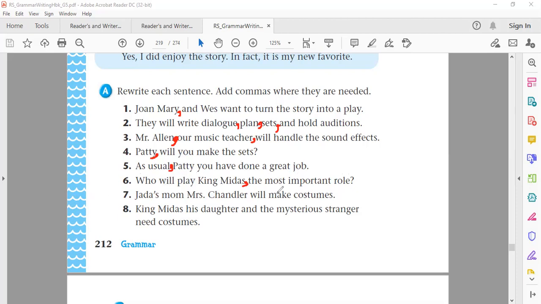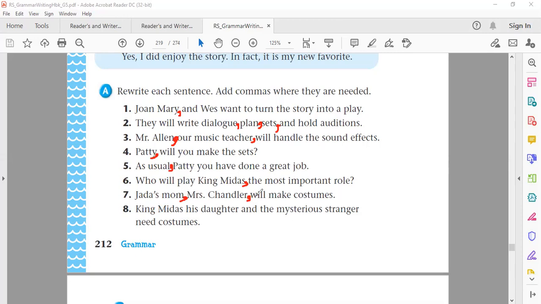Okay, Jada's mom, Mrs. Chandler, will make costumes. Where do I put the comma? After mom. Excellent. This is one comma. And after Mrs. Chandler? Yes, excellent. Yeah, Jury, very good.